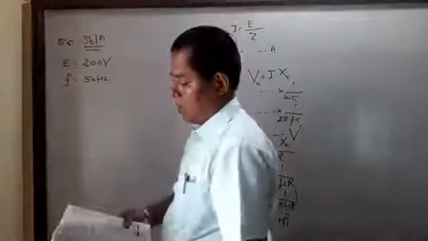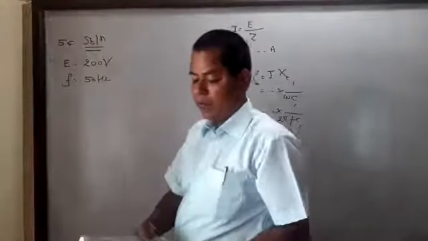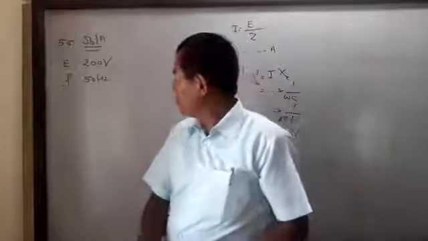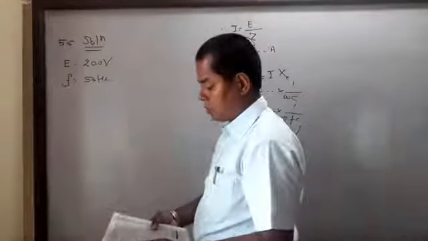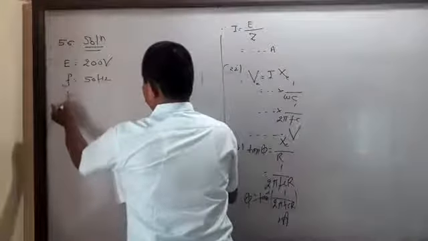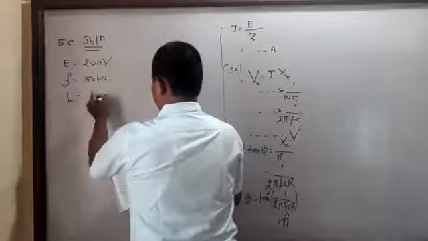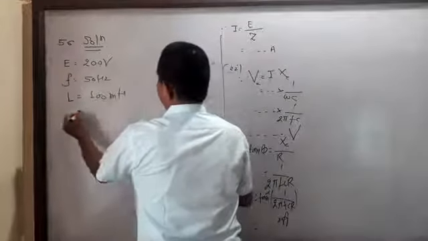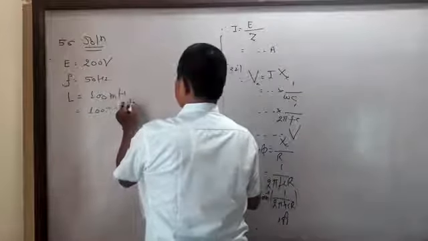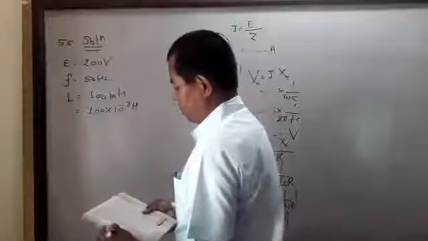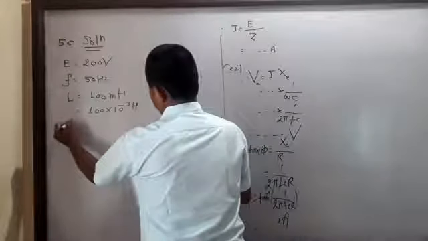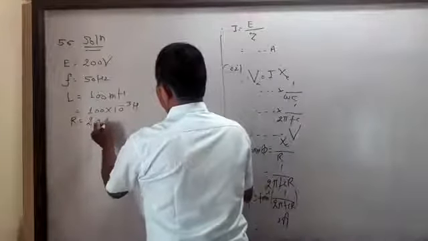And inductance L has value 100 millihenry. Milli means 10 to the power minus 3, so 100 into 10 to the power minus 3 Henry. And then a resistor of resistance 20 ohm. R has value 20 ohm.